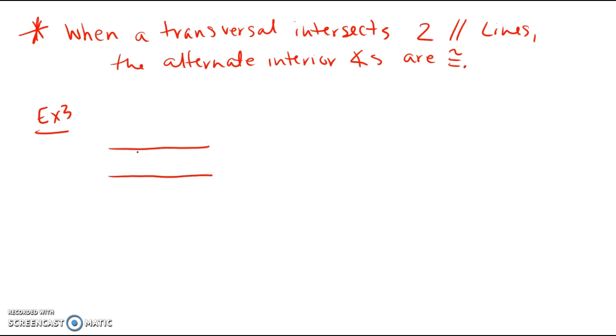So here are our rails. Here are more rails. I have that this is 40 degrees and this is our angle 1. And so angle 1 is what we were trying to find. What is the measure of angle 1?